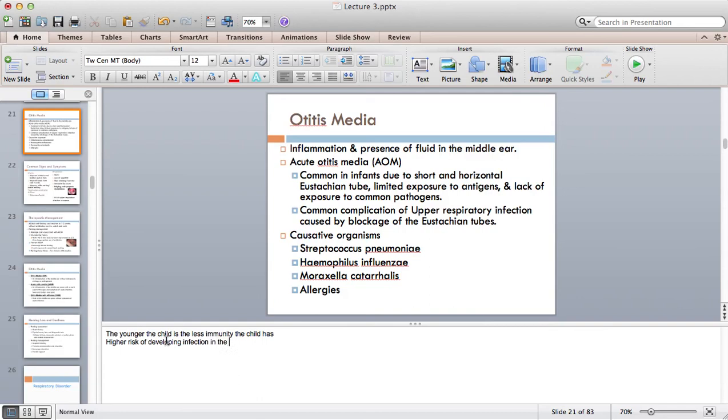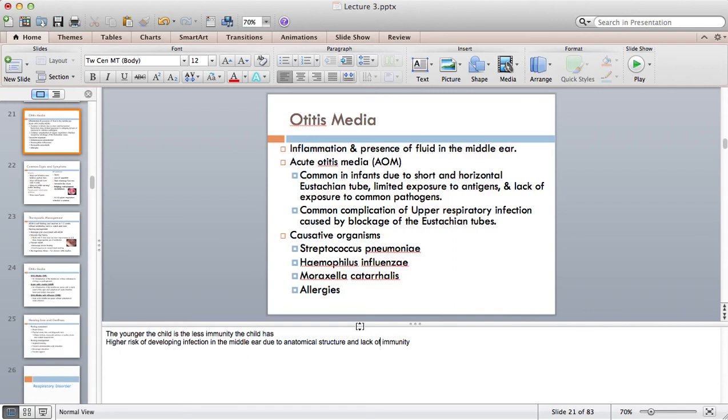Another thing that can increase the risk of the child developing infection in that middle ear would be a stasis of fluid. Some bad habits some parents and some nurses in the nursery have, because they want to get their work done quicker, is to lay the child down, prop the child, and the child will feed themselves. So now the child is lying flat and feeding, so the fluid is there.